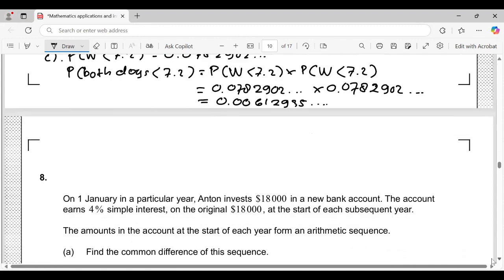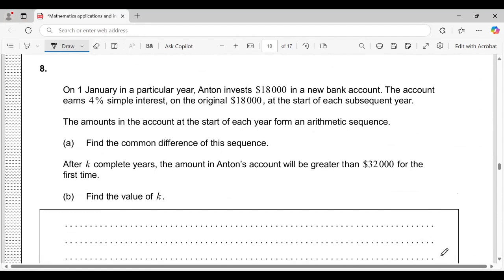Next, question number 8. On 1st January in a particular year, Anton invests $18,000 in a new bank account. The account earns 4% simple interest on the original $18,000 at the start of each subsequent year. The amounts in the account at the start of each year form an arithmetic sequence. Find the common difference of this sequence.